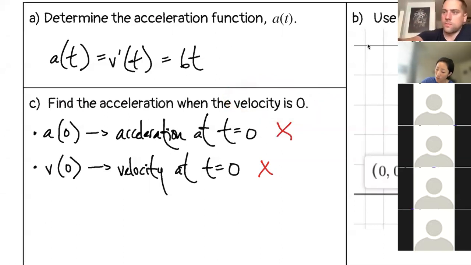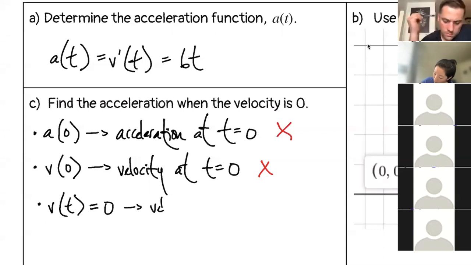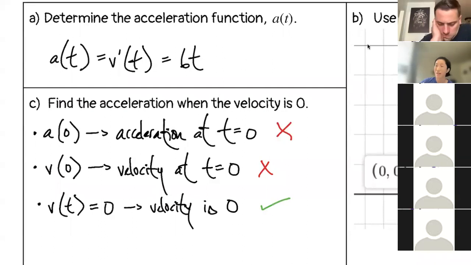When it says velocity is 0, that means velocity equals 0. This statement says velocity is 0, so we do want to start with v of t equals 0.